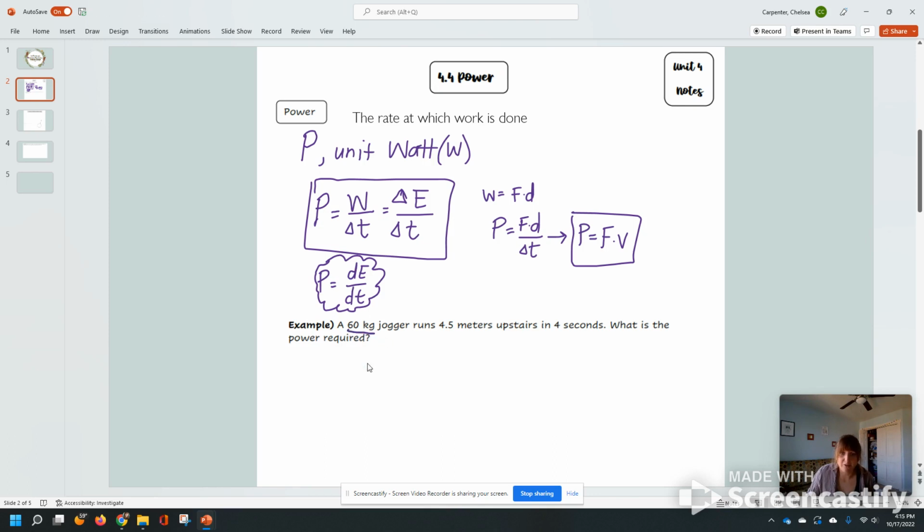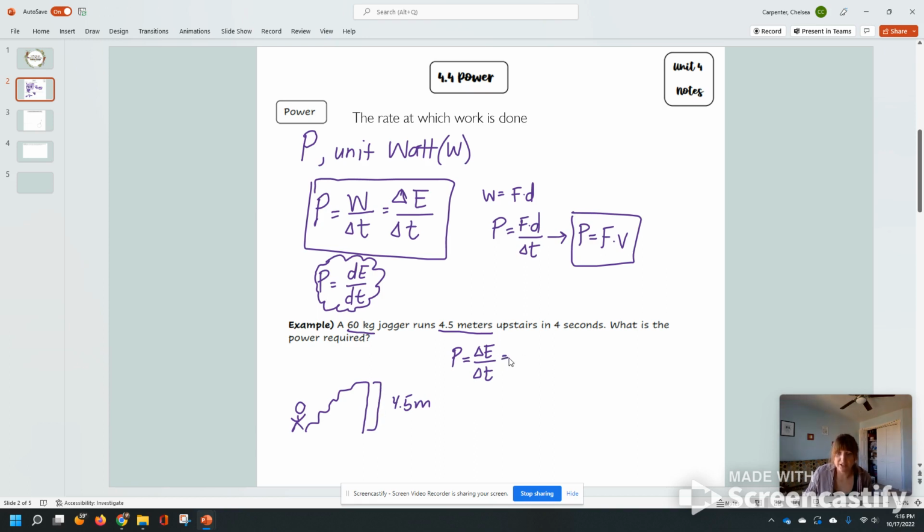So a 60 kilogram jogger runs 4.5 meters upstairs in 4 seconds. So we've got someone jogging. They're going up some stairs, a height of 4.5 meters. What is the power required? So let's start with our first equation. Power is the change in energy over change in time. Let's assume that he is running at a constant speed, so he's not changing his kinetic energy, but the type of energy that he's changing is his potential energy.